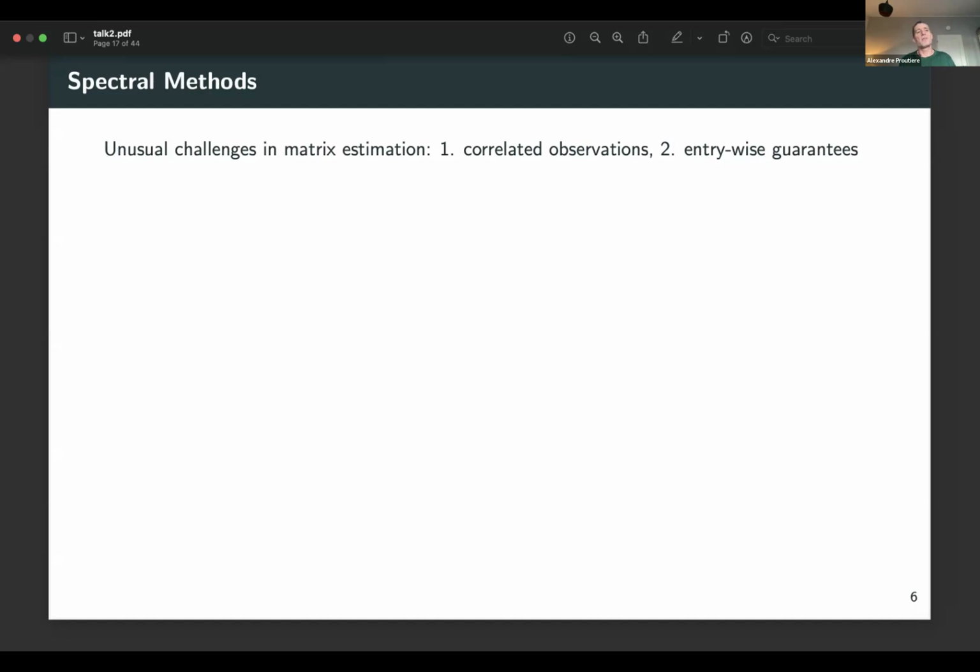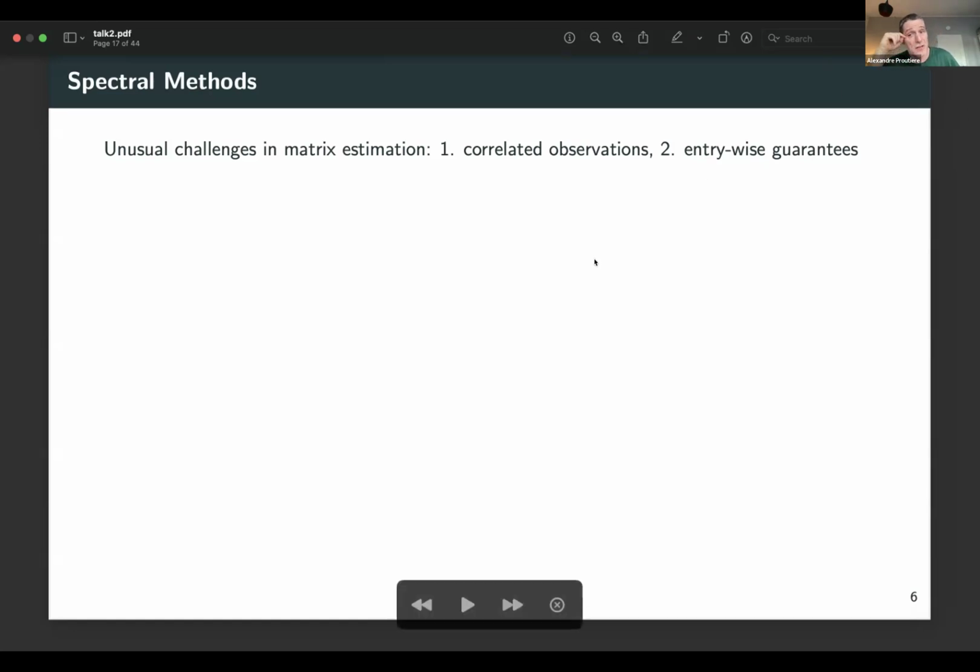So depending on whether you went through a certain state, maybe some other state would be visited more often. Okay. So you have correlation between the observations, between the empirical estimates of each entry of the matrix.